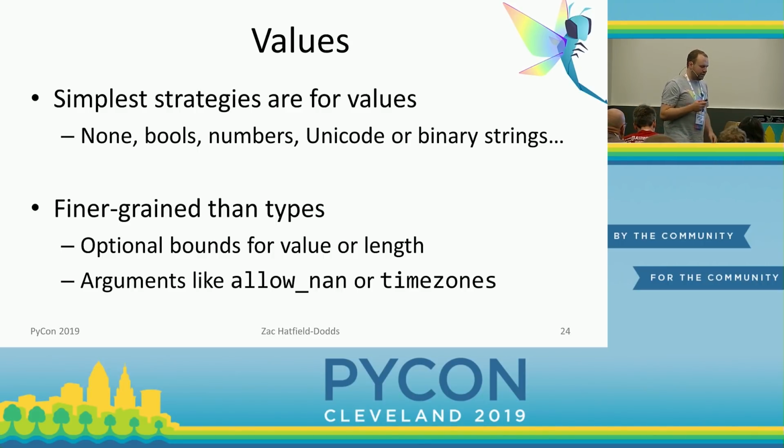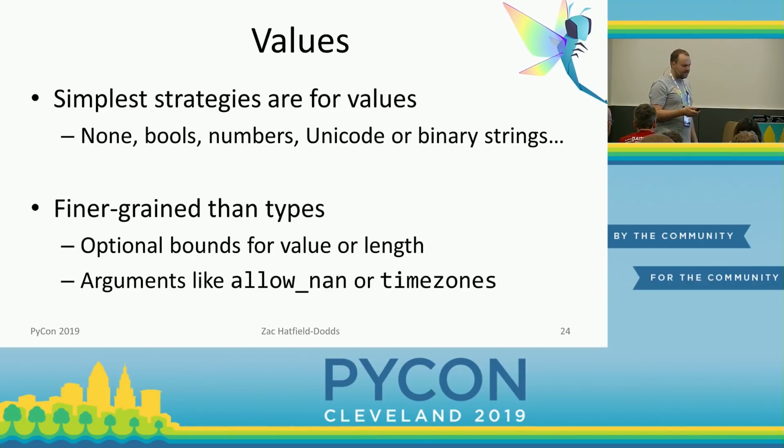One important note is that even though we tend to have a strategy for each distinct type, a strategy can actually be finer grained than types. You might have seen that the integers takes a minimum value and a maximum value argument. We have that for basically all the numeric or orderable strategies. We'll give you some kind of way to bound the range of them so that you can say things like, I expect this test to pass, but only if it's given positive numbers or numbers less than 100.